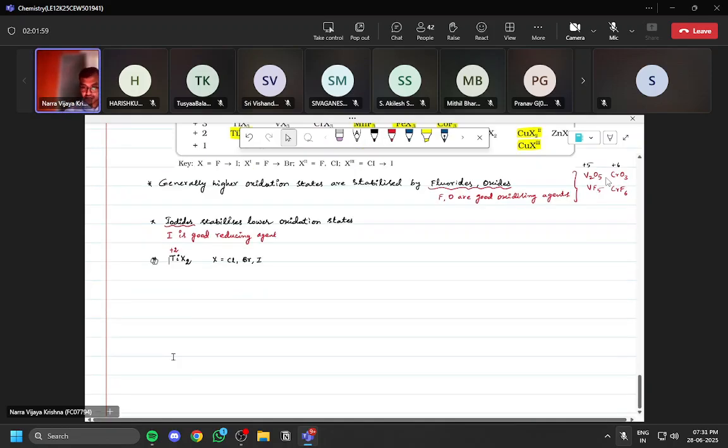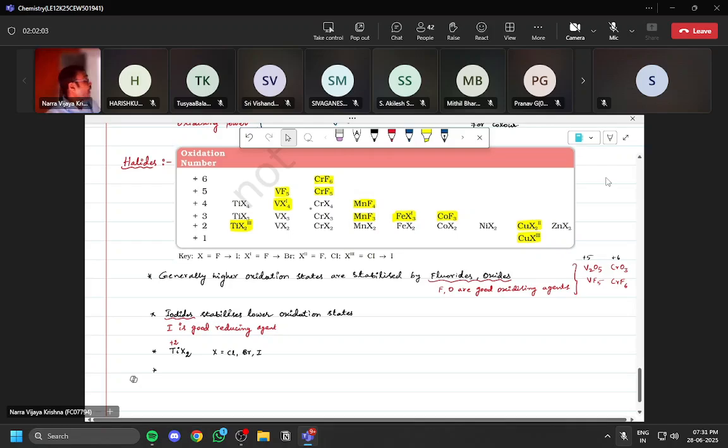Coming to manganese. Now observe manganese. The higher oxidation state of manganese among halides is +4, that is MnF4. Why is it not forming MnF7? Fluorine cannot form multiple bonds, it forms only single bonds. If there are 7 fluorines, every fluorine has 3 lone pairs of electrons.